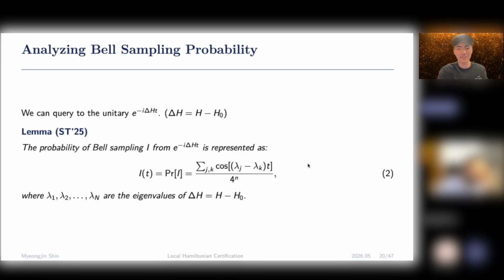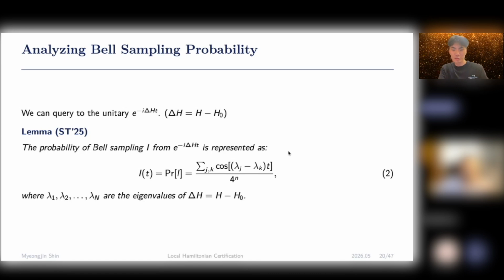As you can see, this is the average of cosines of the differences between the eigenvalues multiplied by some t. If the differences between the eigenvalues are always 0, which is the case when delta H is 0, this will be always 1. So we need many eigenvalues that are different, and the differences should be big. So as said, our goal is to achieve the Heisenberg limit.